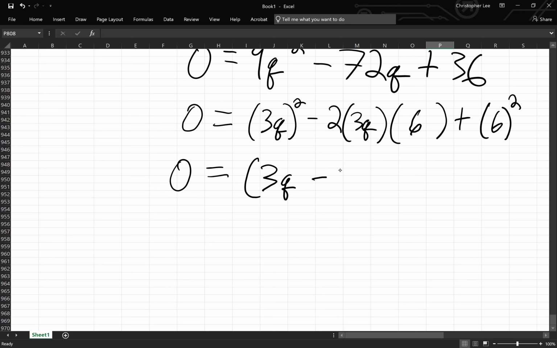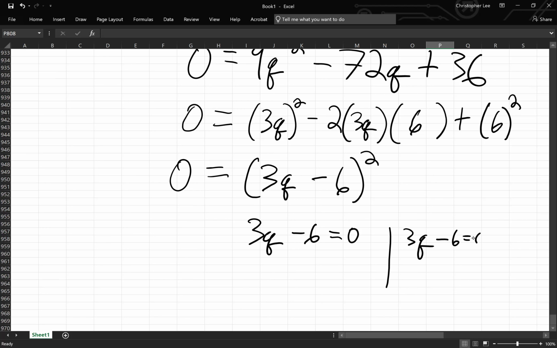This is minus 6 squared. Yeah, that's right. So this is what? 3q minus 6, and I'm sorry, equals 0. And 3q minus 6 equals, yeah.